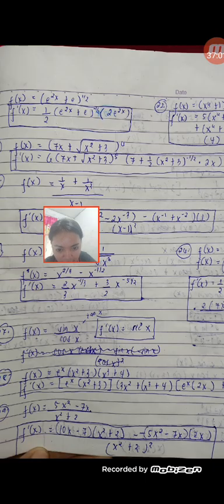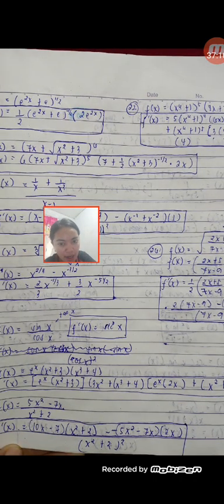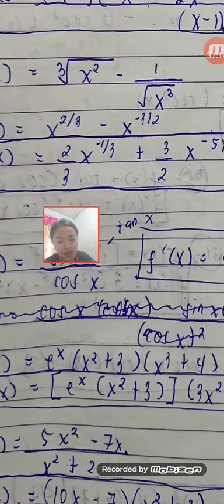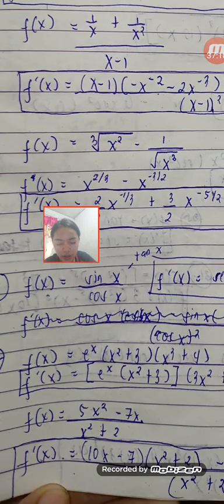So in this item, there is a need for us to use the product rule. As you can see, it is multiplication.